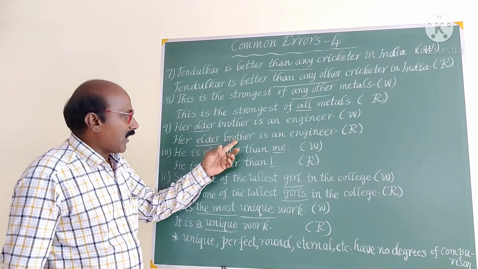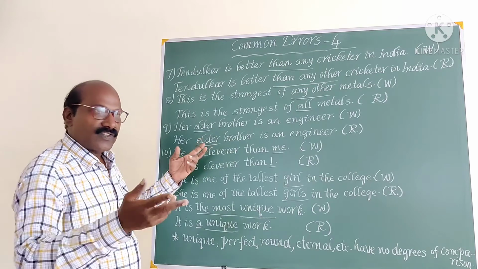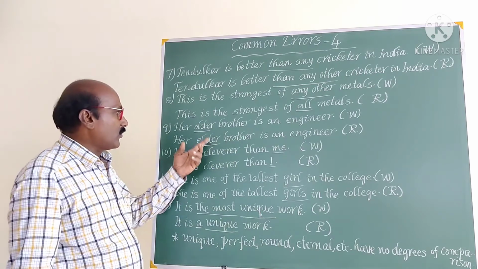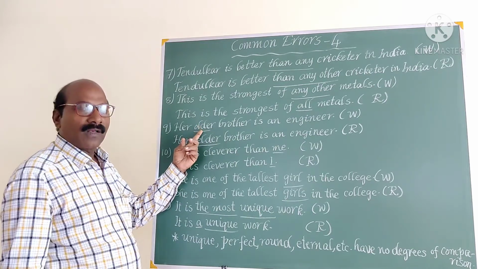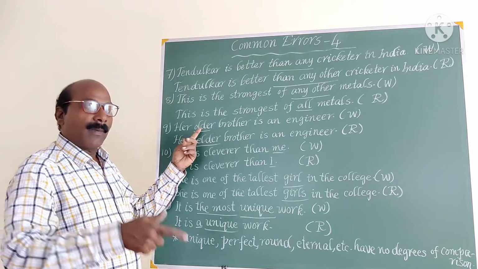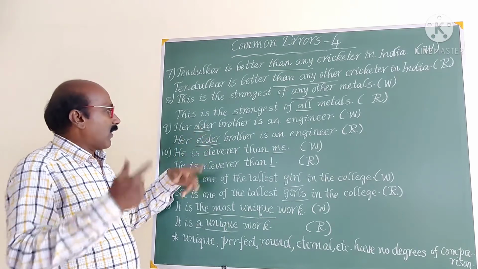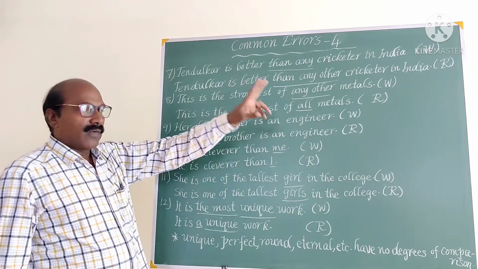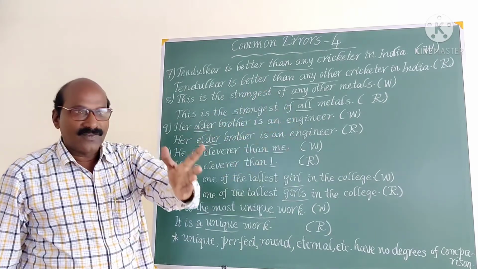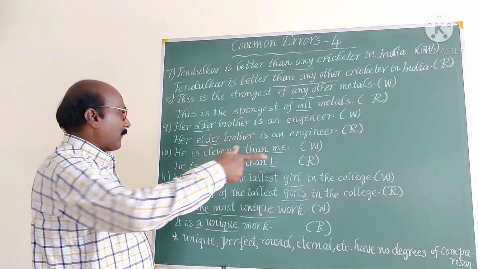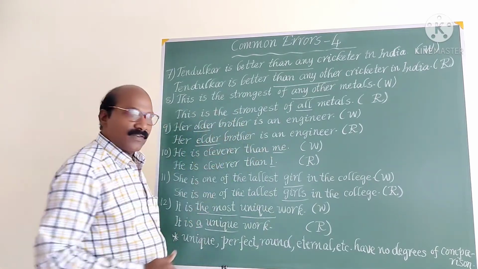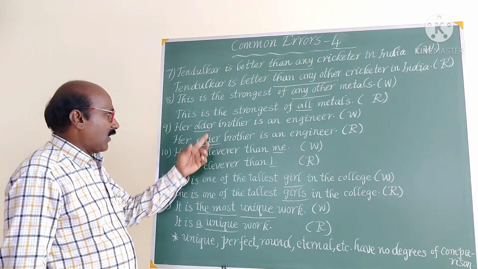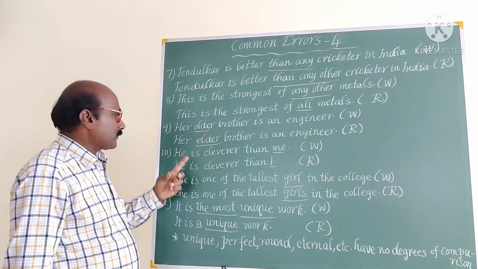Her elder brother, her elder sister, like that only we should use, but we should not use older when we refer to the same members of the family. But when we refer to some other members, we can say that boy is older than this boy. But when we refer to the same members of the family, use elder, never use older.